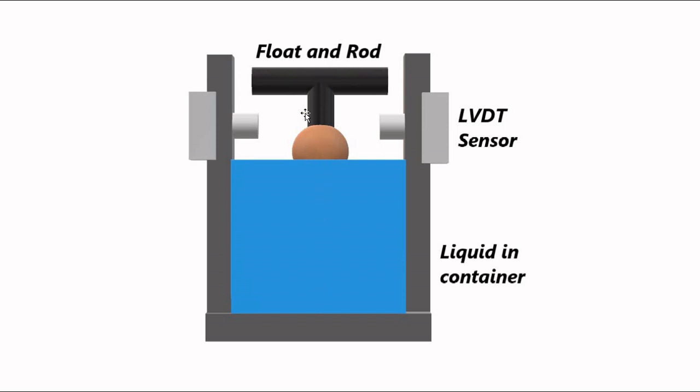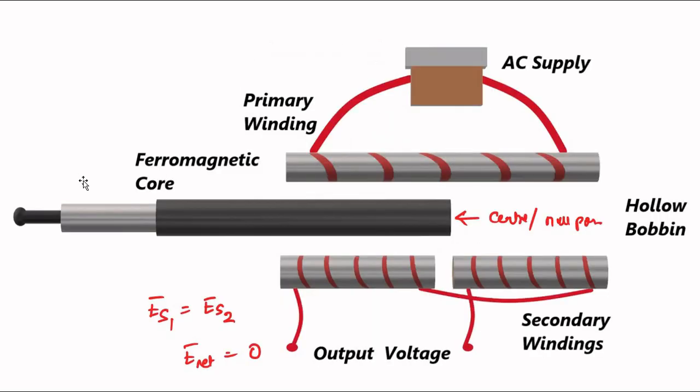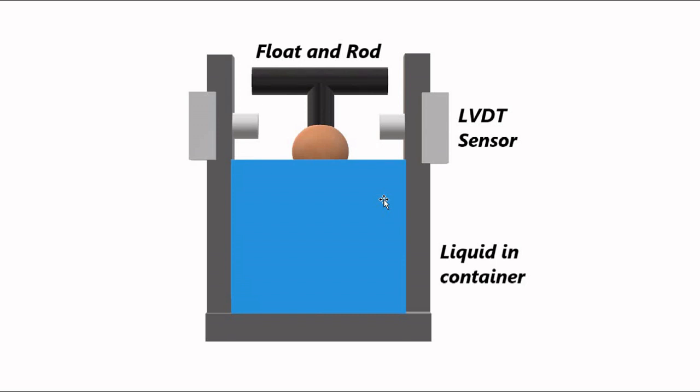When the liquid level goes up and down, the rod strikes the movable ferromagnetic core, and as a result the core gets disturbed from its null position, its center position, and it produces a non-zero voltage output. This is a single sensor arrangement where we don't want the liquid level to go above a certain level or below a certain level, so we want to generate an alarm.